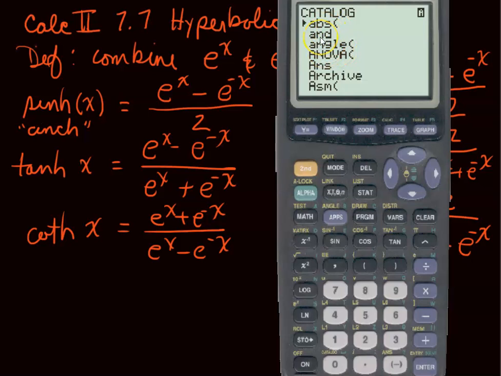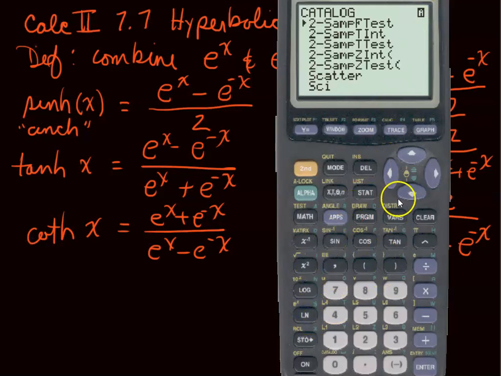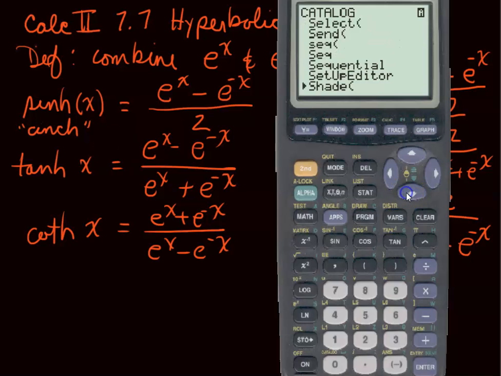Make sure you're in the y1 equals also. Notice you're in alpha mode, so you press the S to get down to those S's quickly, and then you look down with the arrow keys until you see there's the sine, the inverse sine, the sinh, and the inverse sinh. So I'm going to do sinh x.